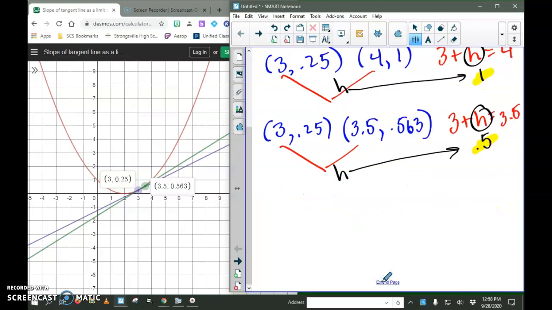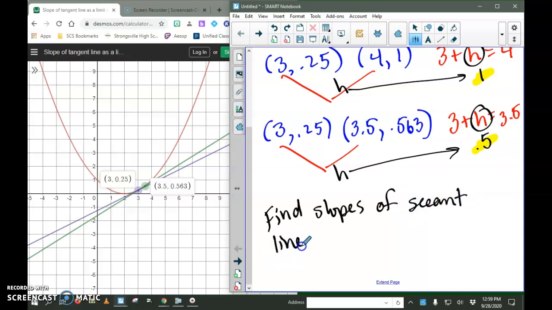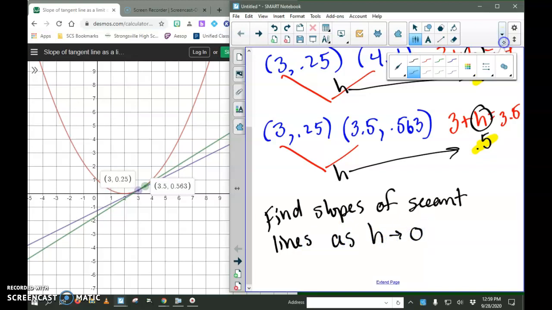And so we're approaching this as find the slopes of the secant lines as h approaches 0. And again, I just want to qualify because I have yet to do this.